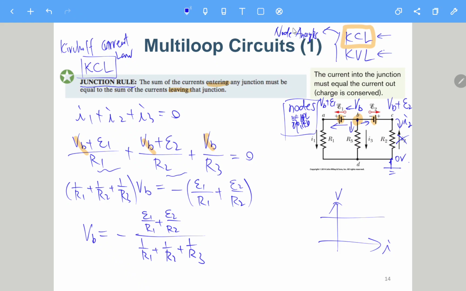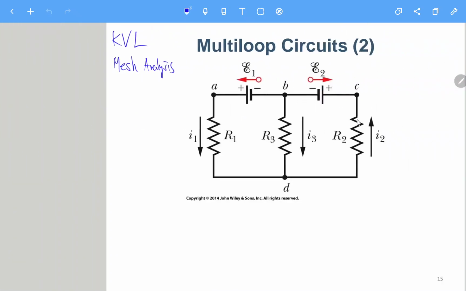So we call it node analysis. Of course, in this circuit there are 4 nodes, but only one is independent. If we define this as 0, the ground, then this is an unknown, independent node. But here we have 2 EMFs, so VA and VC are dependent on the node VB.